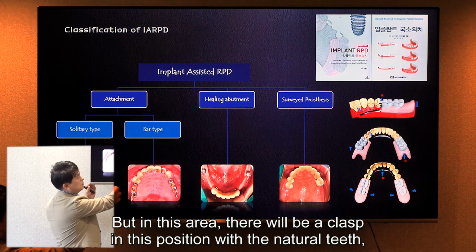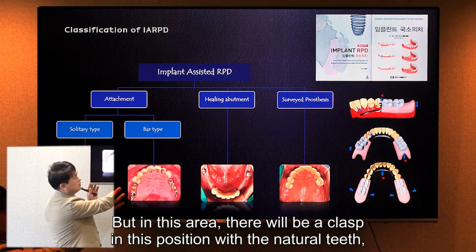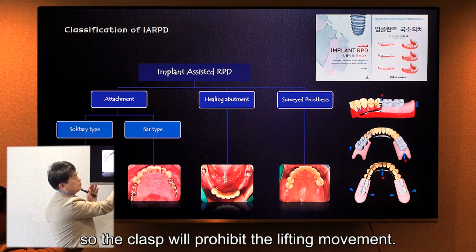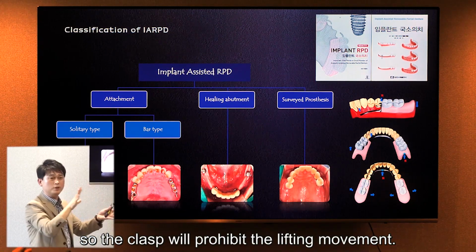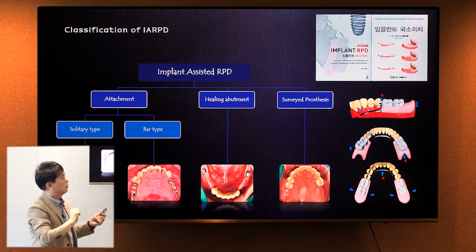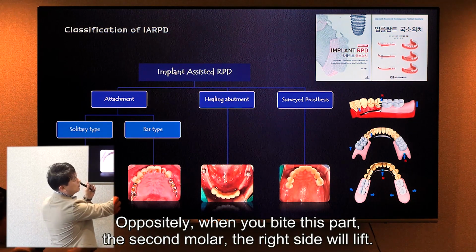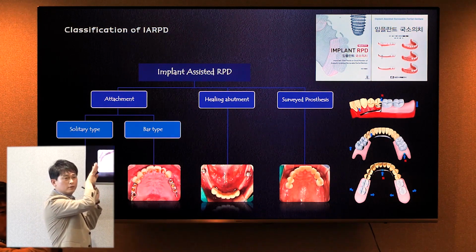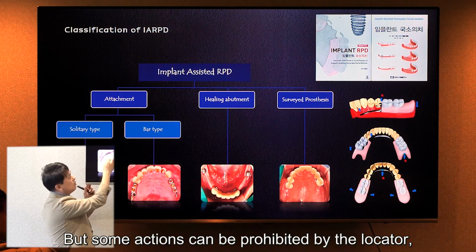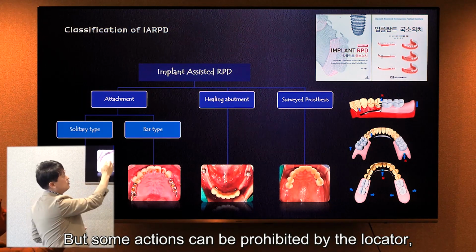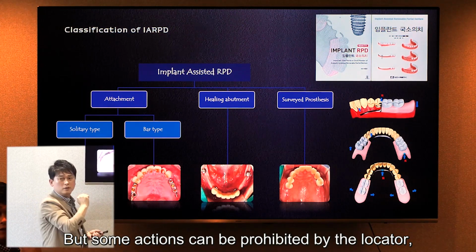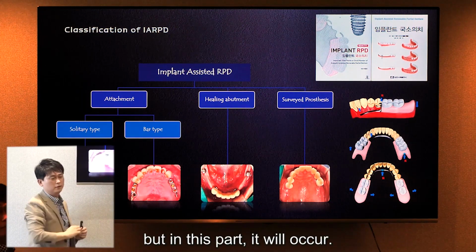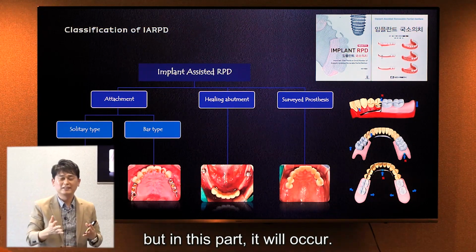But in this area the clasp is positioned on the natural teeth. So the natural clasp will prohibit the lifting action. Oppositely, when you bite this part, the second molar, the right part will be lifted, right? Some of that action can be prohibited by the locator, but in this part it will occur.